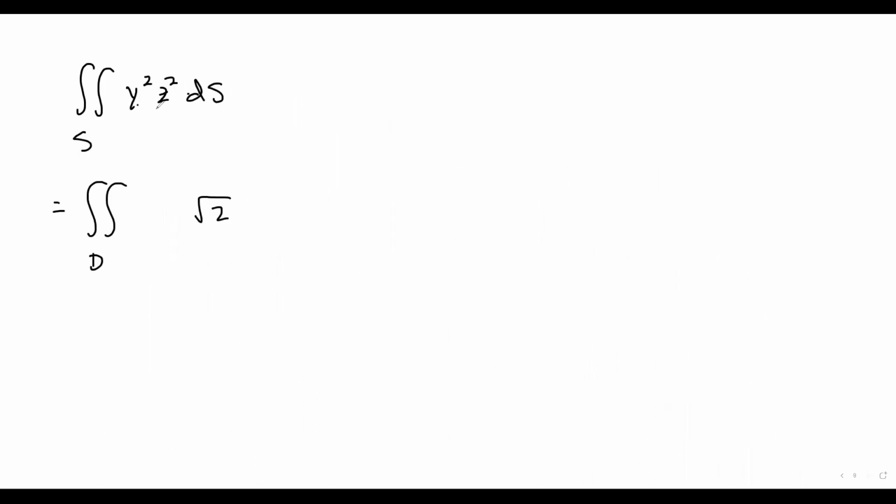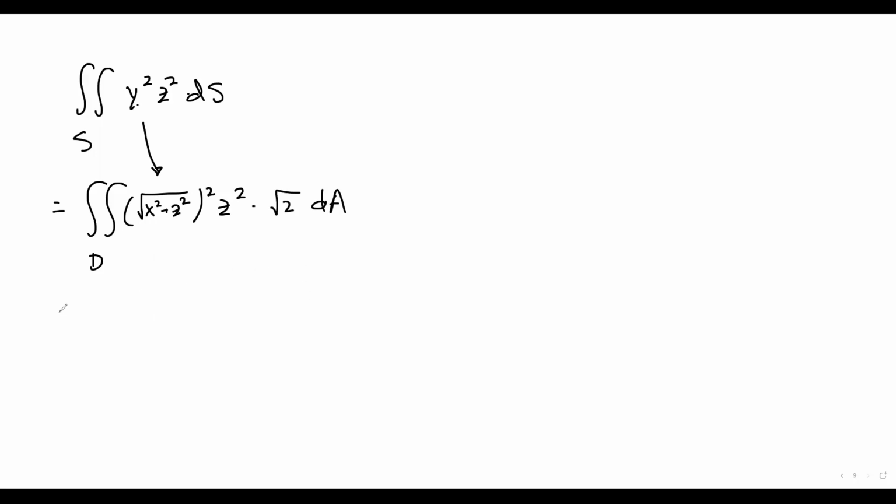And the surface definition was y equals the square root of x squared plus z squared. That's this. Then leave z squared alone. Then dS we just figured out is root 2.